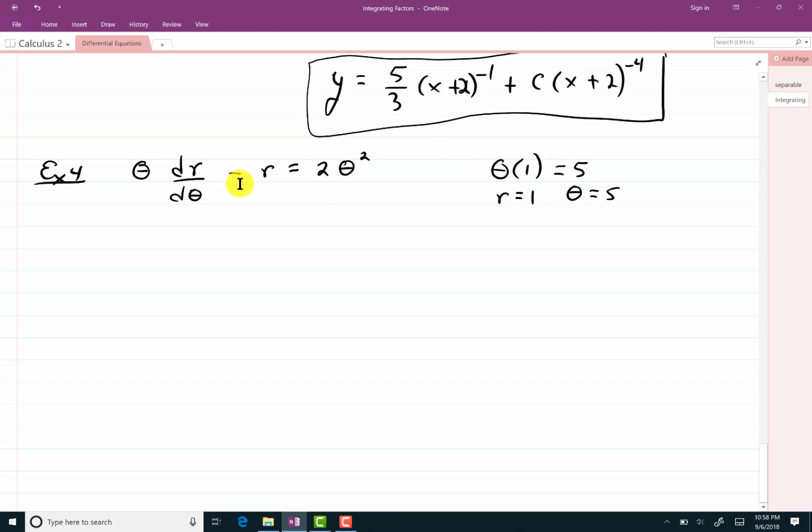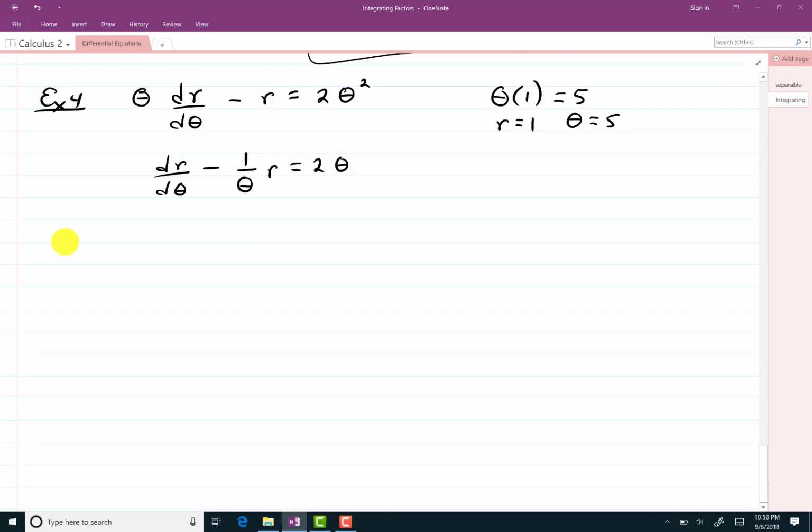So right now it's not in the form that I want it to be in because I need to divide by theta to get the following: dr over d theta minus 1 over theta times r equals 2 theta. So my integrating factor is e to the integral of negative 1 over theta d theta.